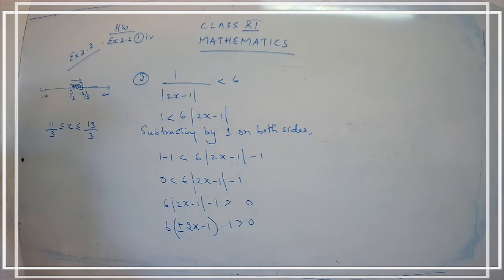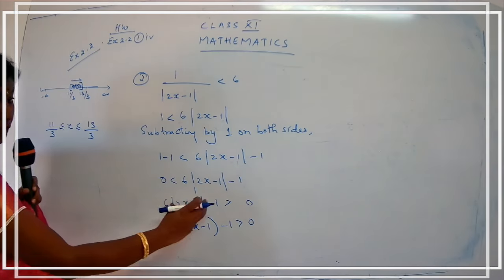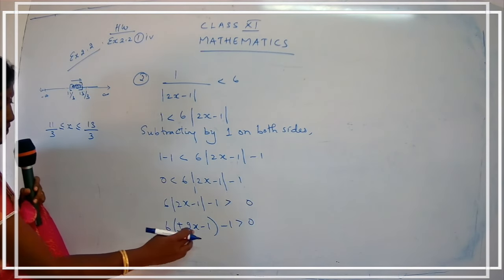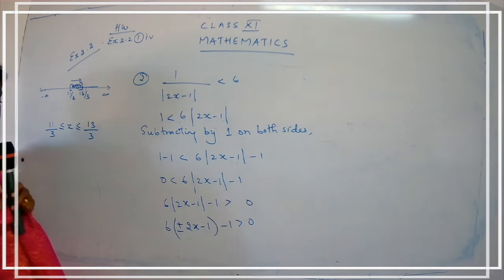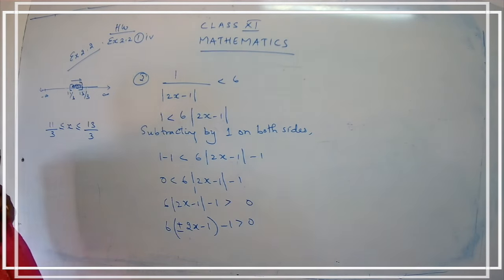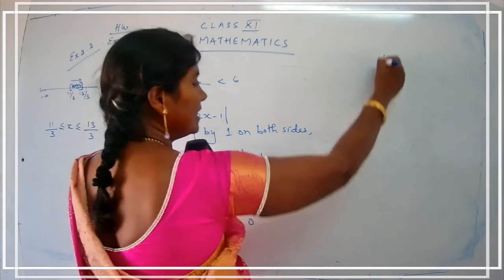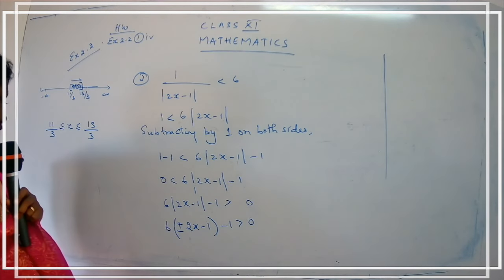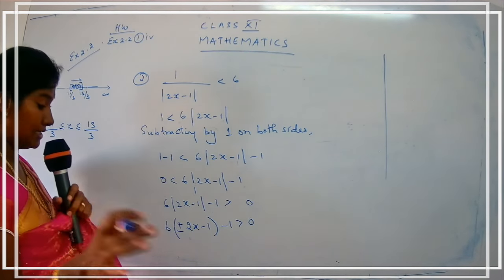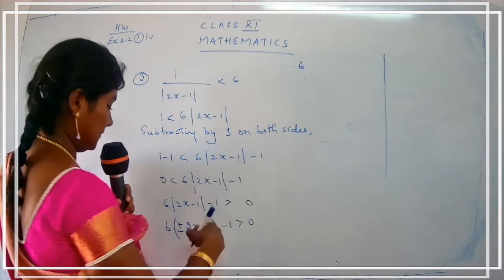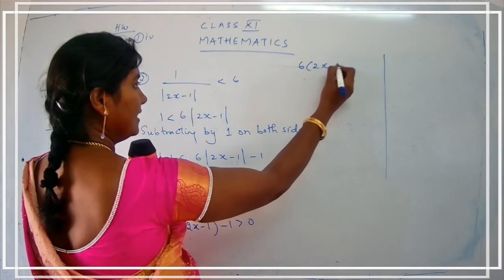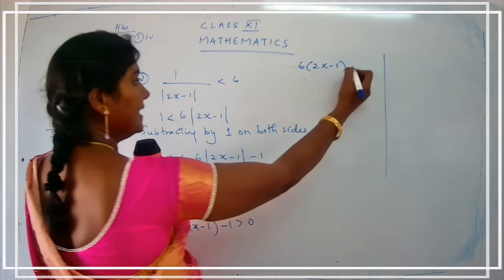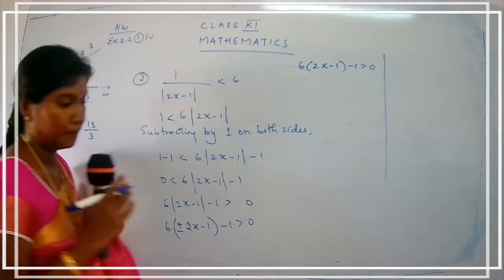Let's divide into 2 and consider both the cases, a positive case and a negative case. The 1 is positive, so no need to worry about the sign. Everything remains the same: 6 times 2x minus 1, minus 1 greater than 0.